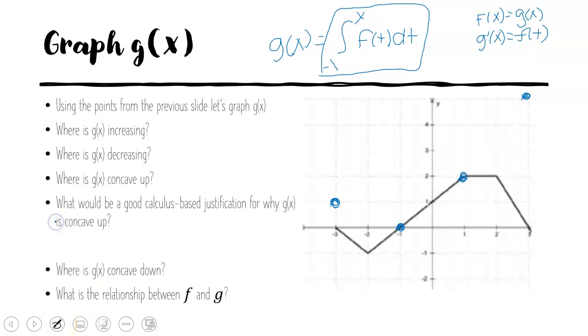but in order to get all of my true answers, g of x is increasing if g prime is related to f when f is positive. And that holds true to my graph points, correct?